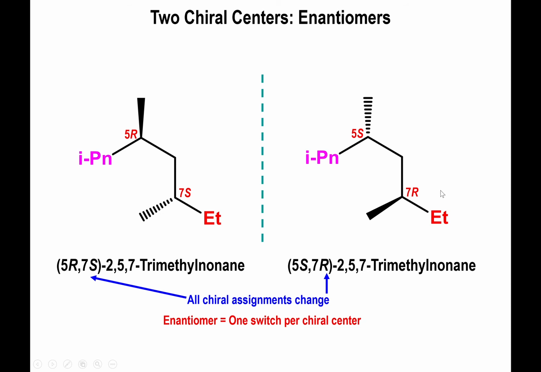This is the easiest way to go about drawing your enantiomers. But once again, the key idea is that every single chiral center has to change in configuration for you to claim that you're dealing with the enantiomer.